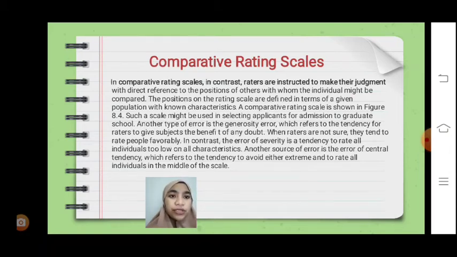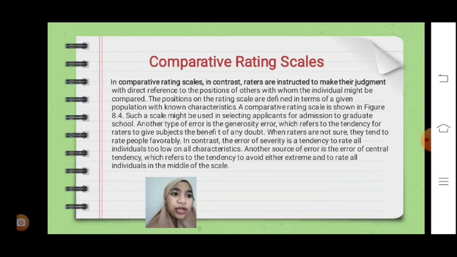The positions on the rating scale are defined in terms of a given population with a given characteristic. A comparative rating scale is shown in the figure.